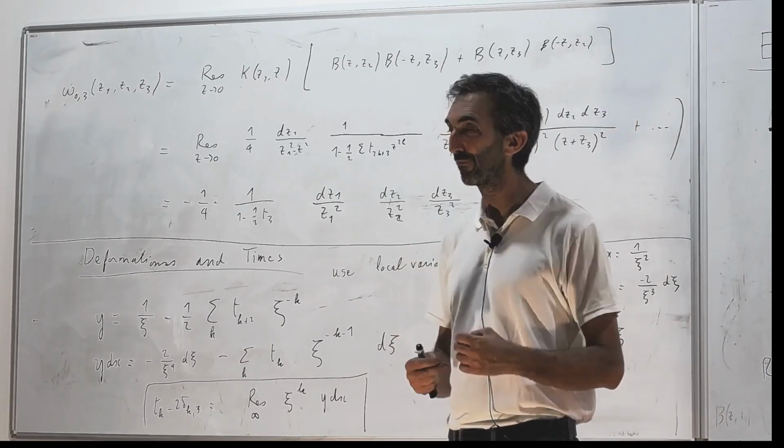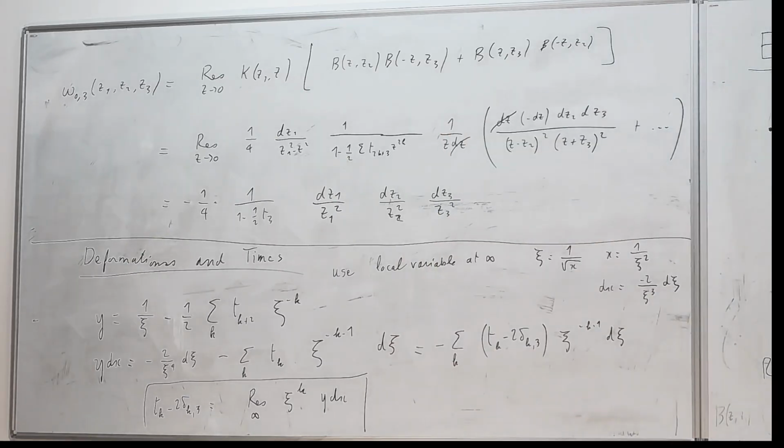Somehow if I write x equals z squared plus t1, well, no, what you say is not totally true. Basically, z equals square root of x minus t1, which means that y is square root of x minus t1 minus 1/2 of sum of t_{k+2} (x minus t1) to the power k over 2.